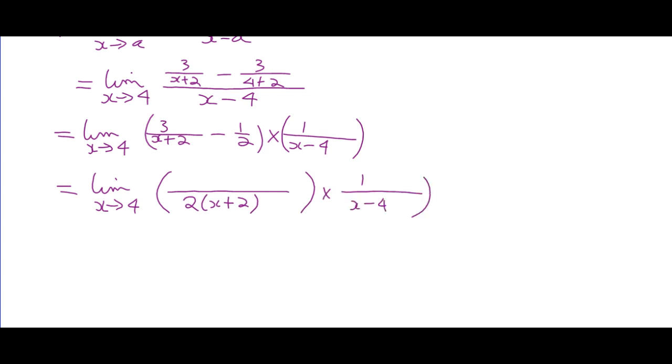The 1 over x minus 4 is just along for the ride. What do we got to do to the 3? It has to be multiplied by 2, right? If we're going to throw a 2 on the bottom, we're going to put a 2 up top with the 3. Minus, what are we going to do with the 1? We're going to have to multiply it by x plus 2.